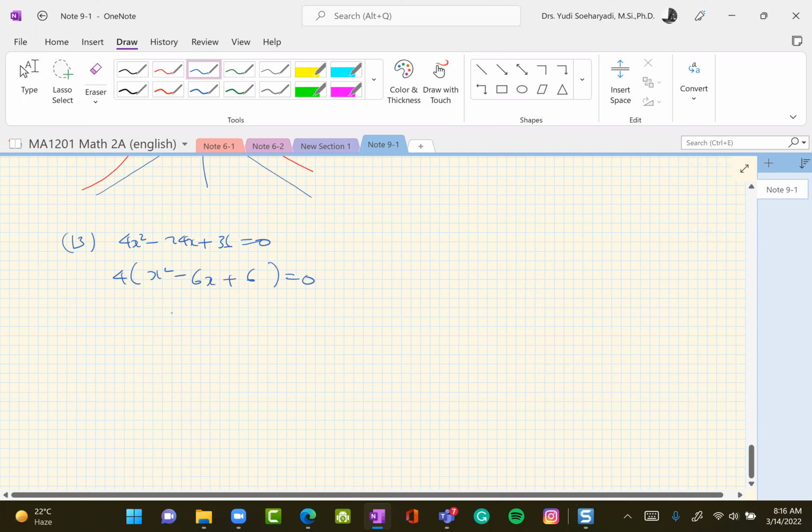And here you have x minus 3 squared minus 9 plus 6 equals 0. So take the 4 out, doesn't matter. Equals, this is minus 3. All right.